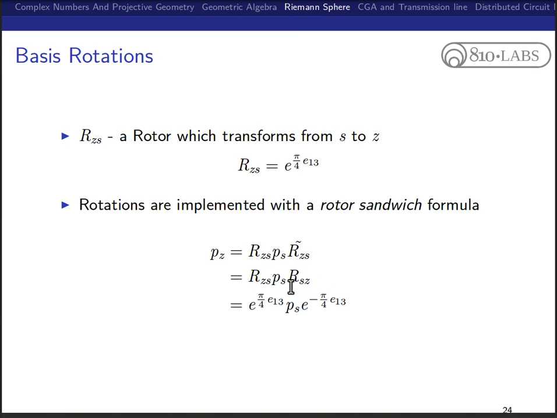The reason we do that is so then when you have a rotor sandwich formula, it's obvious to tell which domain you're going to, because the subscripts on the inside match and the subscripts on the outside are where you're going to. So that is our motivation for labeling it like that. In either case, it's a simple rotation in 3 dimensions that can be expressed like this.